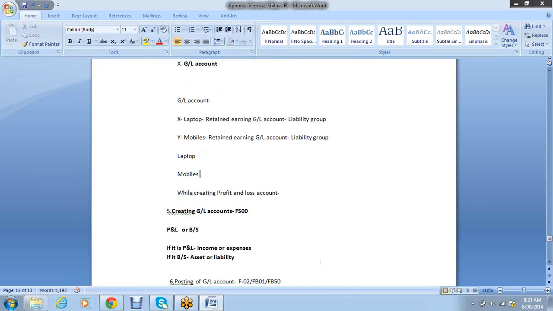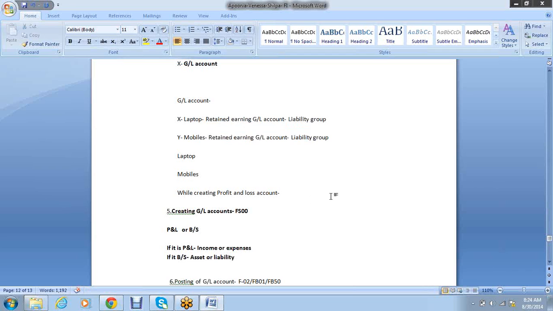Whenever I'm creating a GL account for the profit and loss account, every time I have to segregate that GL account, whether it belongs to X or Y. So that at the end of the year, if I want a profit and loss account only for X, that is for laptop, I can generate. If I want only for Y, I can generate. Or if I want a combined profit and loss account, I can generate that also.